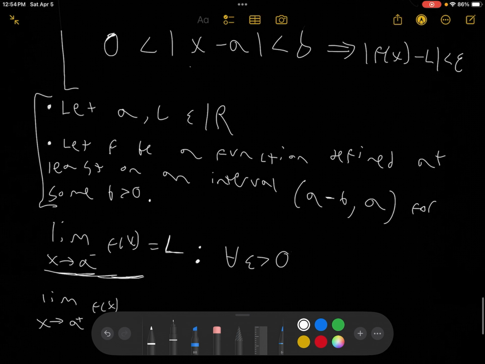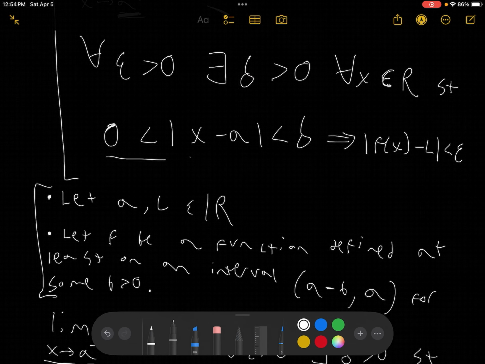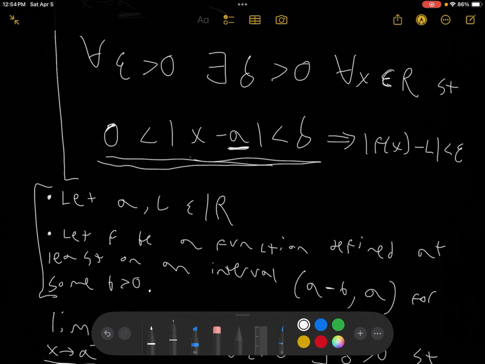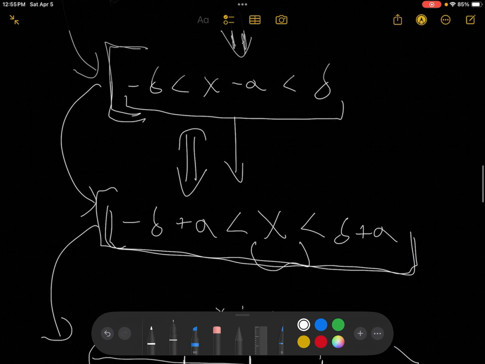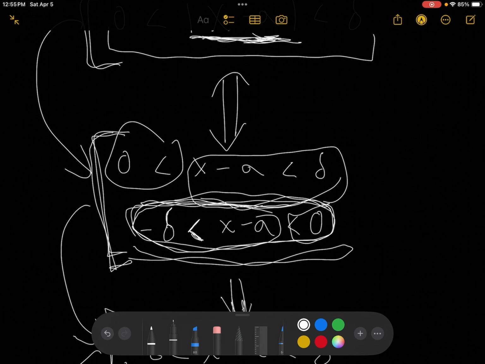For every epsilon positive, there exists a delta positive, such that, and then for this component here, we know that since we're approaching from the left, A is going to be greater than x. So this expression here is going to be negative. And how negative do we want it? Well, we want it to be less negative than negative delta, as per our workings up here.